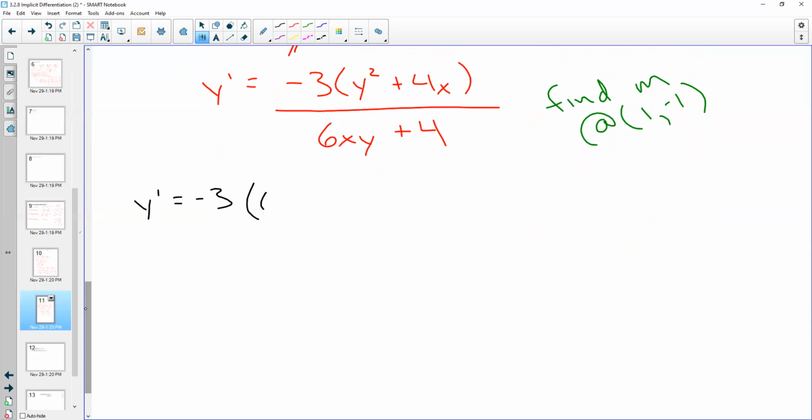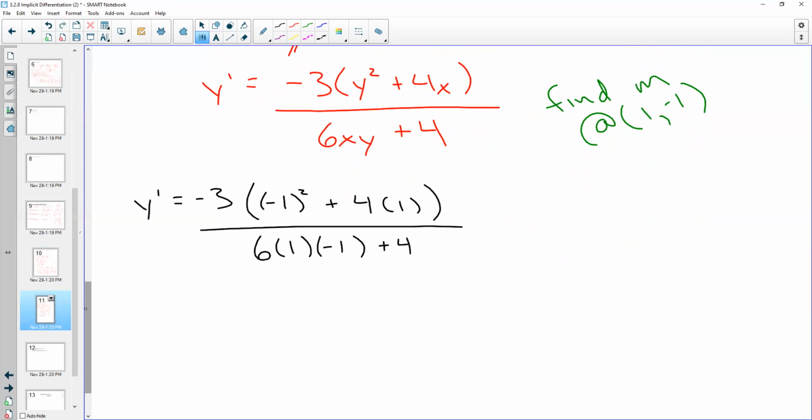So y, negative 1 squared plus 4 times 1. Okay, so we have negative 1 squared, which is positive 1. 4 times 1 is 4.